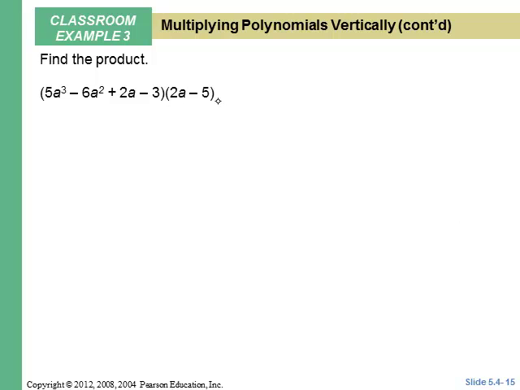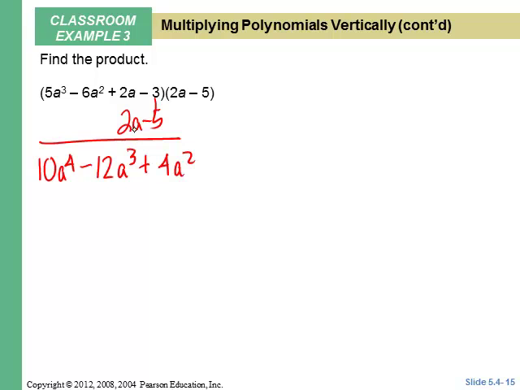Now, if you end up with a 3 and a 4 and a 2, we are going to do this one vertically. I'm going to start at the front. 2 times 5 is 10, a to the 4th. 2 times negative 6 is negative 12, a cubed. 2 times 2 is 4, a squared. 2 times negative 3 is negative 6a.